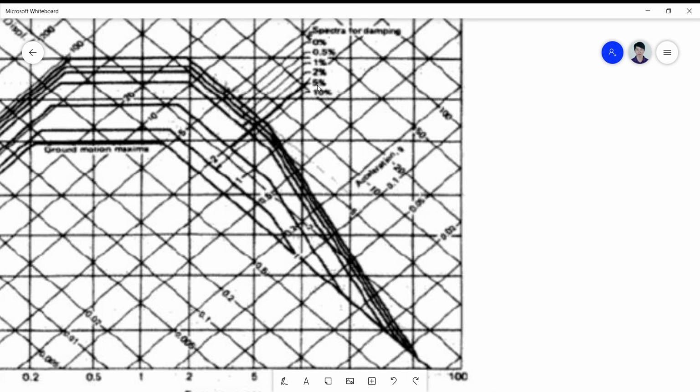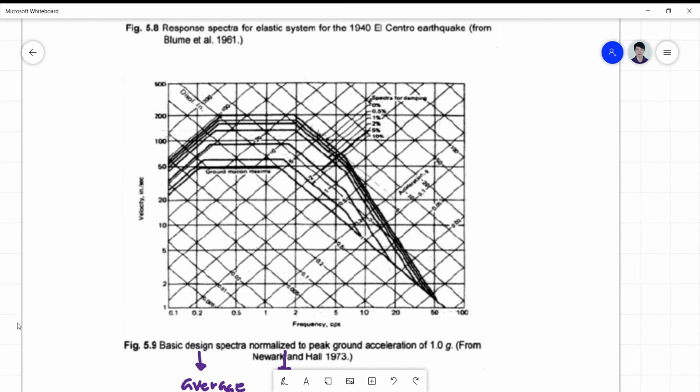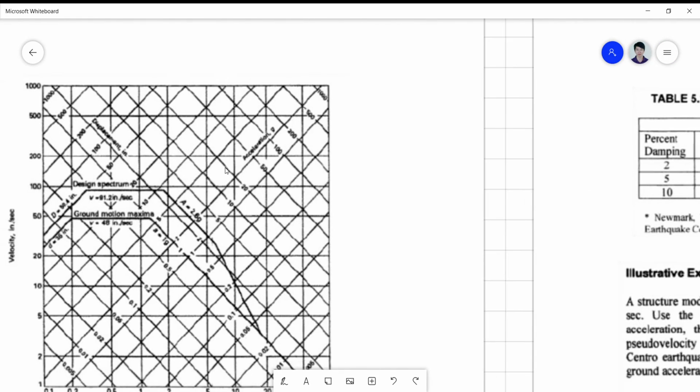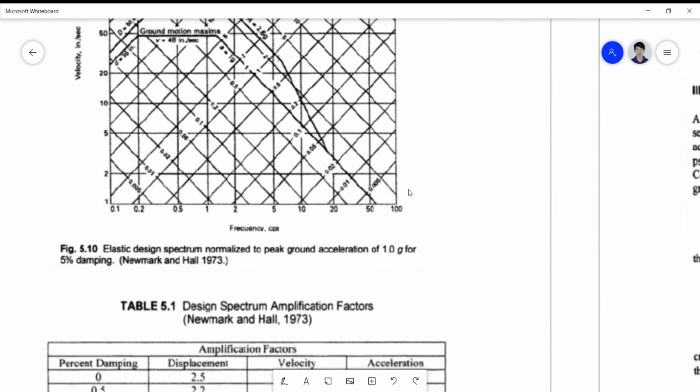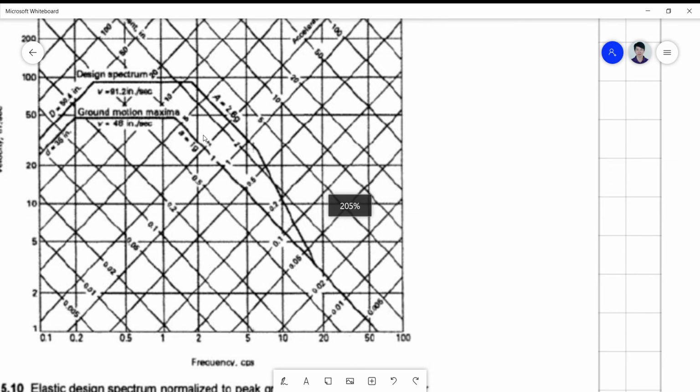Okay? So nandito ka na sa maximum of 10% for natural damping. Okay, but this is now a specific design spectral graph normalized to 1G for a 5% damping.